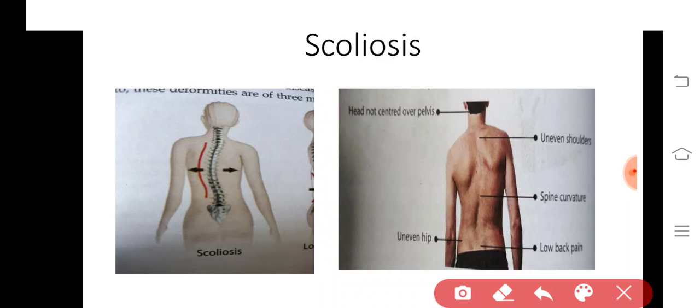But if we talk about scoliosis, you will see that the posture or the spine is a bit twisted right or left. A side to side curve in the spine is called scoliosis.